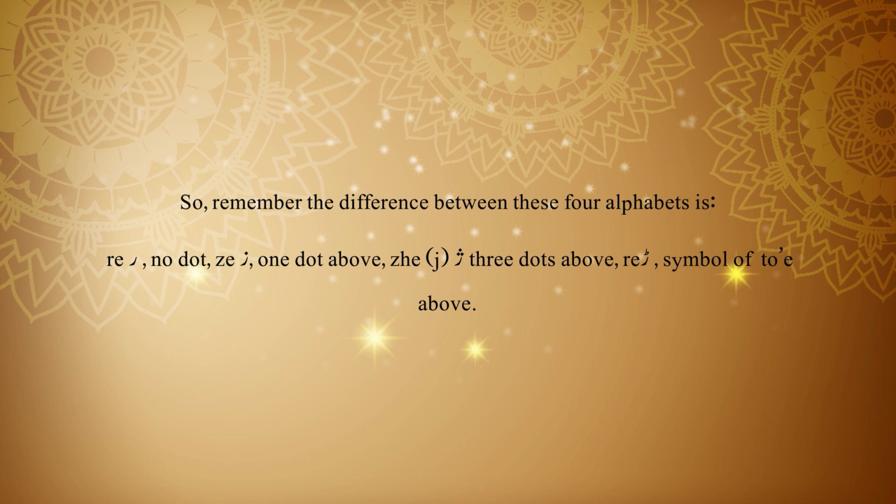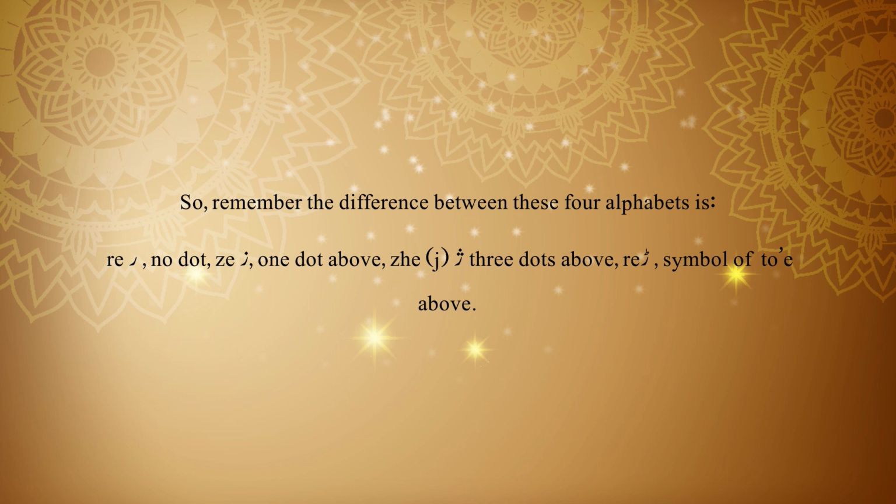De, symbol of toy, and that is above. So what is the difference and similarities between these? Re has no dot, Z has one dot above, J has three dots above, De has symbol of toy.